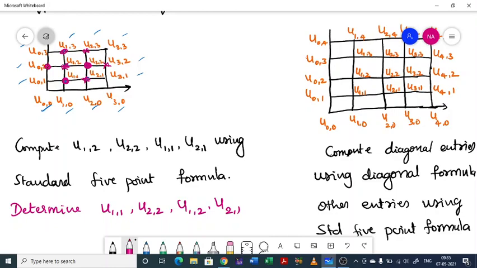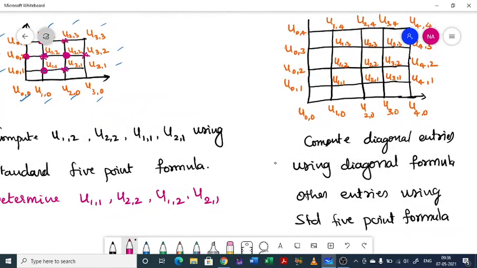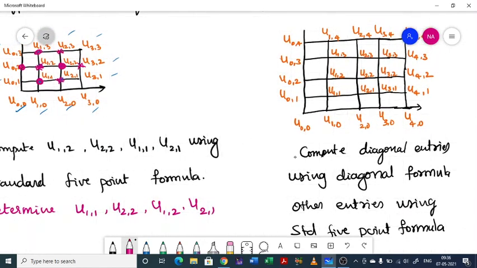Suppose you come to 16 squares, here the procedure will be a bit different. As usual you will be having 16 squares. This is the x axis and this is the y axis. Again here also these boundary points will be given.